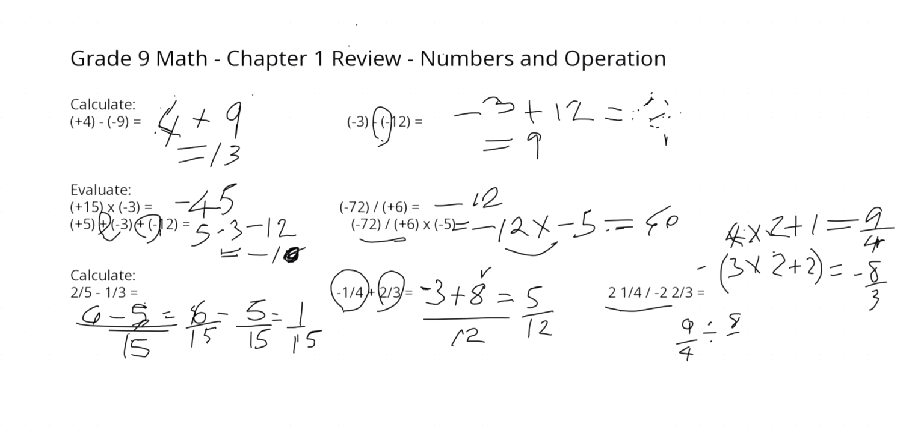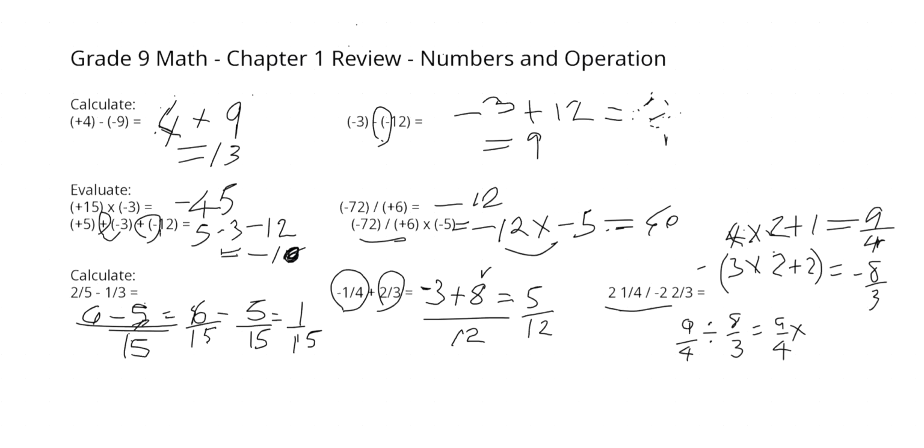So now we're going to say 9 over 4, and we're going to multiply by 3 over 8. And remember, it's negative. I just have to ensure that we remember that. So it's negative 3 over 8. Okay?